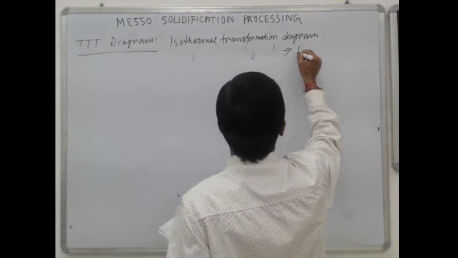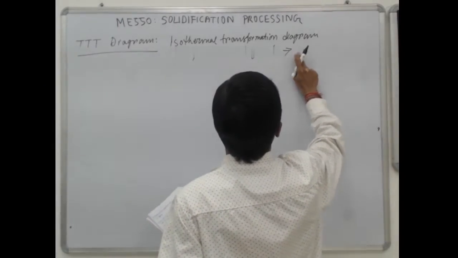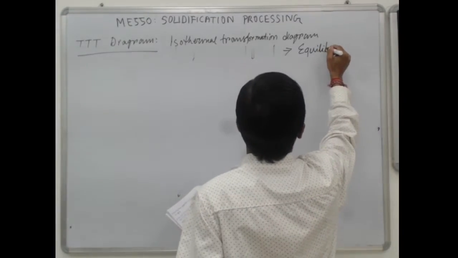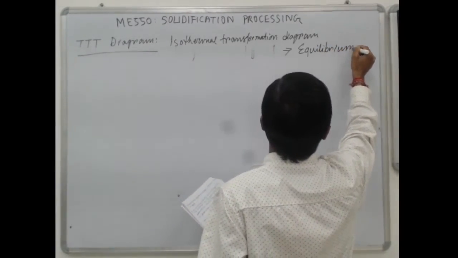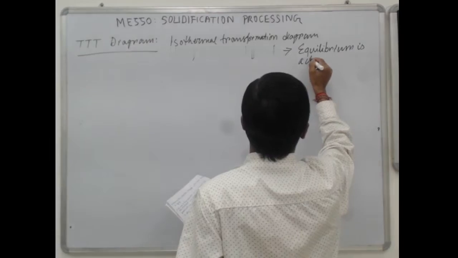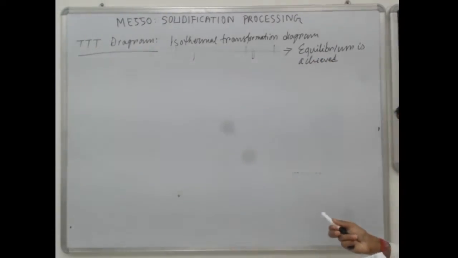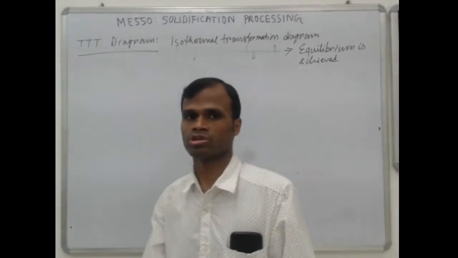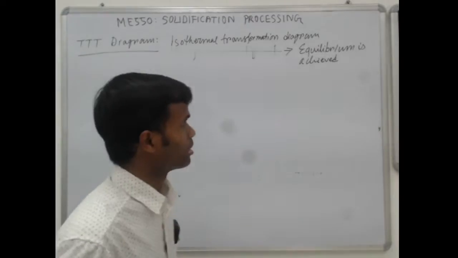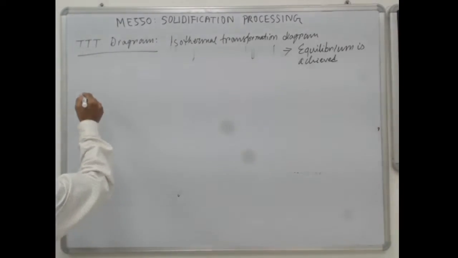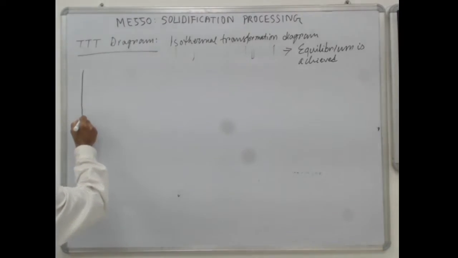So equilibrium is achieved during the transformation. So you can say it is a reversible isothermal process.